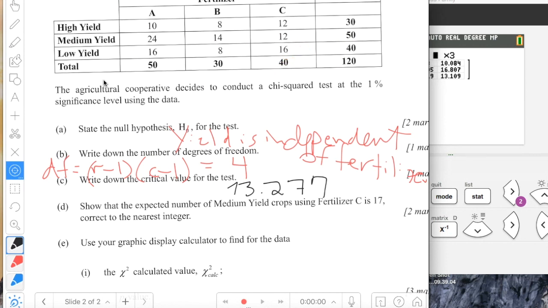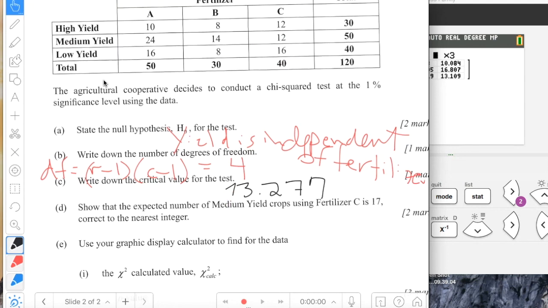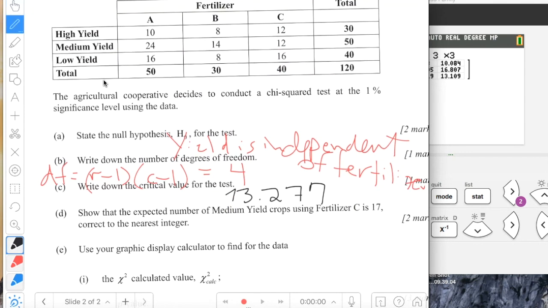So basically it's just 50 over 120 times 40 over 120 times 120. So that's a proportion of an amount. And you can see the 120s cancel out. So all you have to do is multiply 50 times 40 and divide by 120, and you get approximately 17.